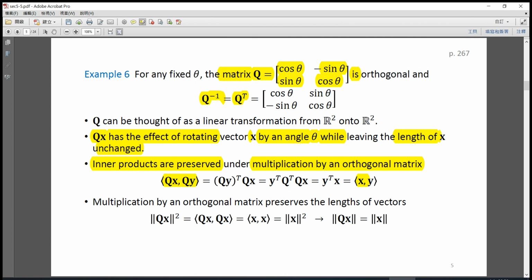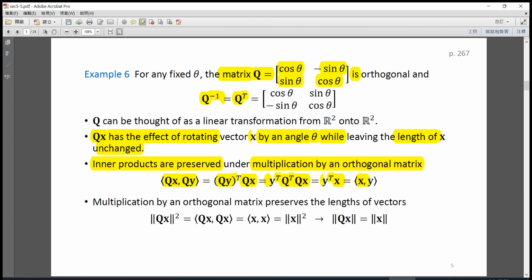To prove this property, we know that the inner product of Qx and Qy equals (Qy) transpose times Qx, which equals y transpose Q transpose Qx. Because Q is an orthogonal matrix, Q transpose Q equals the identity matrix, and therefore we have y transpose x, and therefore the inner product of Qx and Qy equals the inner product of x and y.